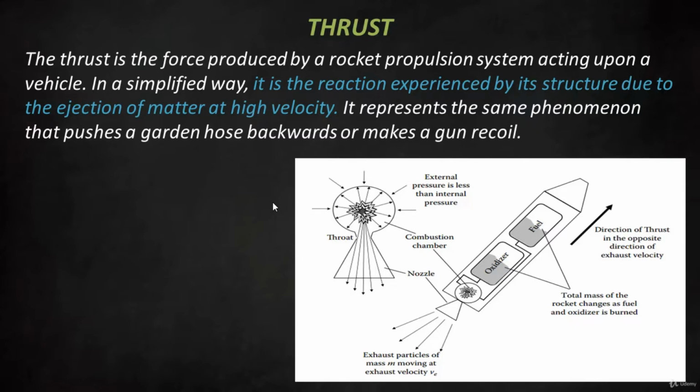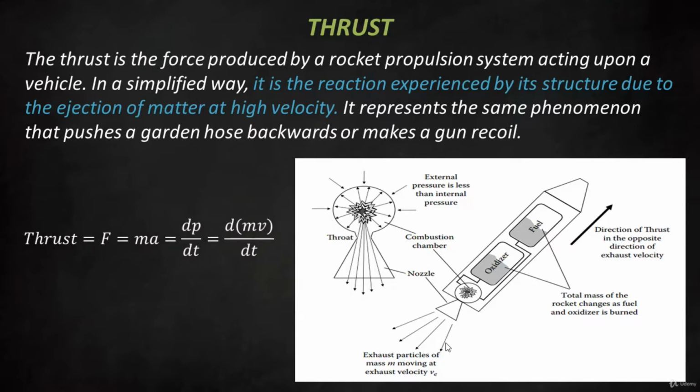In a simplified way, it is the reaction experienced by its structure due to the ejection of matter at high velocity. It represents the same phenomenon that pushes a garden hose backwards or makes a gun recoil. It is a reaction and action thing, based on Newton's third law of motion.